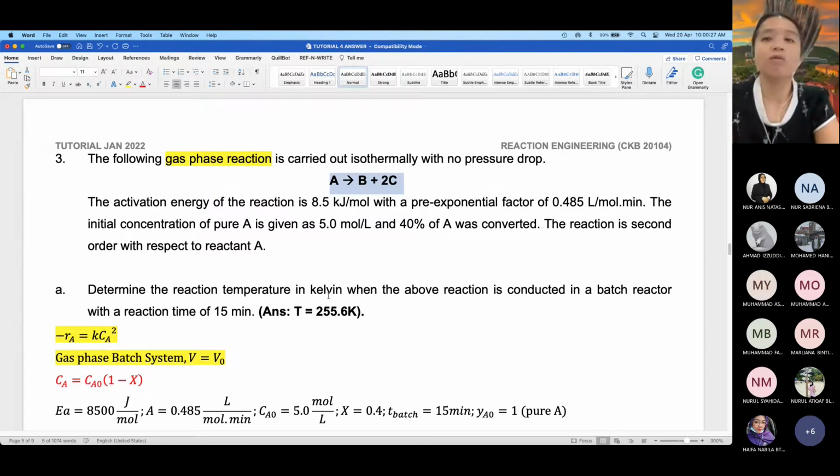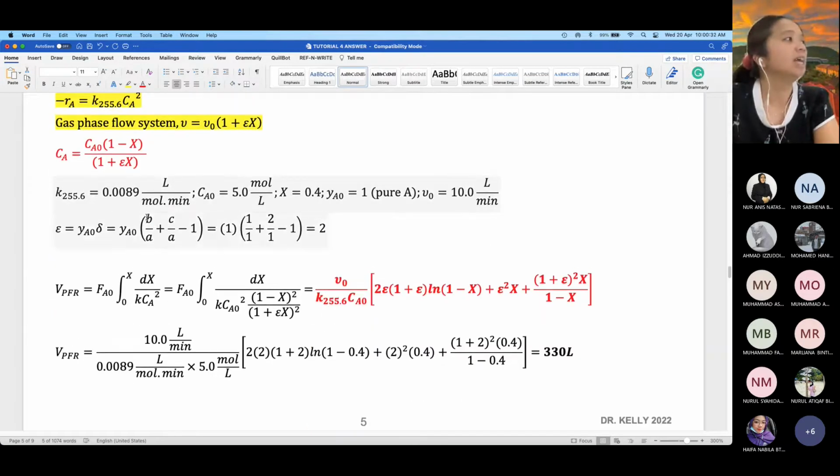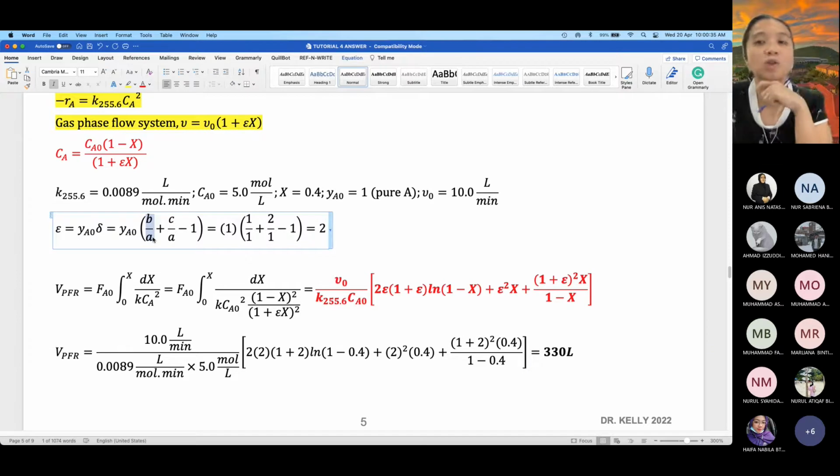Okay, so that's why when we write down the sigma punya calculation, you see it become B per A, ratio of stoichiometric coefficient of B over stoichiometric coefficient of A, plus C per A, stoichiometric coefficient of C over A. So kenapa it is plus for B and C? Because B and C is product.